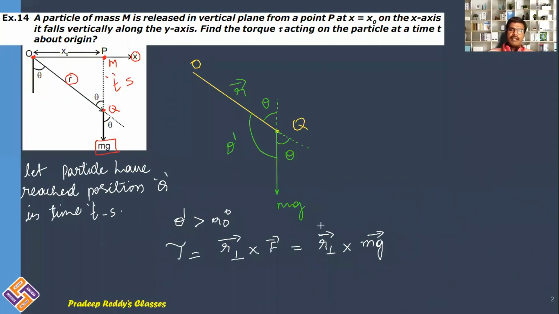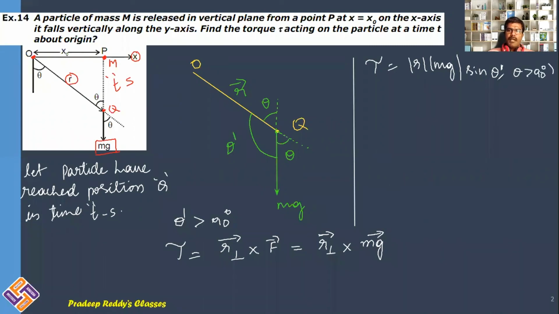The angle here is theta dash, so the torque is R magnitude into mg into sin theta dash, along n cap, perpendicular to both R bar and mg bar. This is one way: you first find the angle between R bar and F bar and substitute it here.